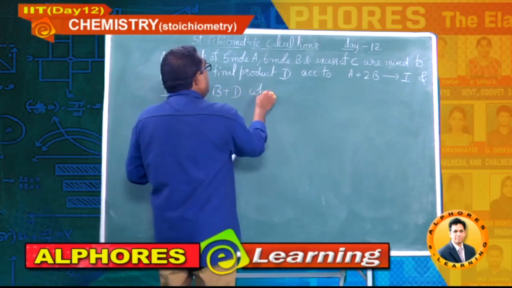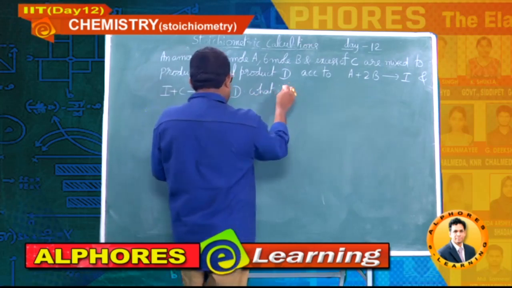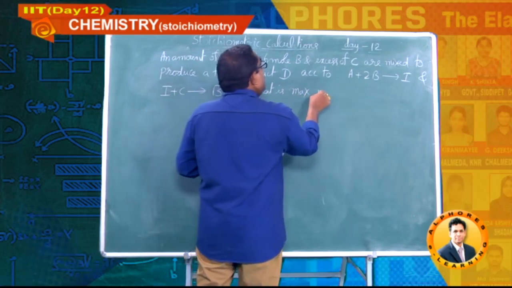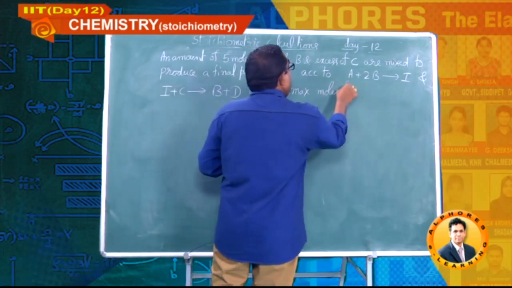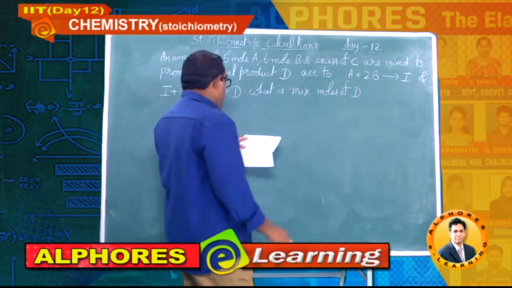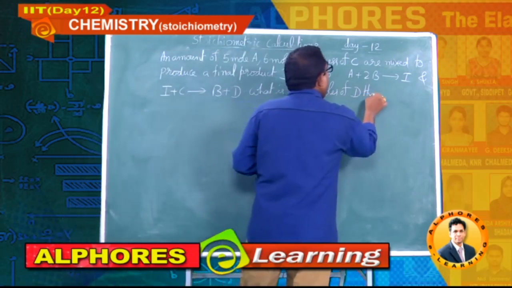What is the maximum moles of D that can be produced?